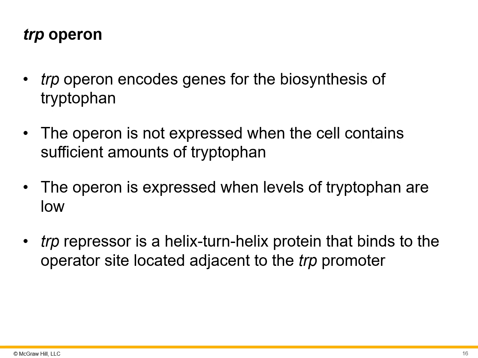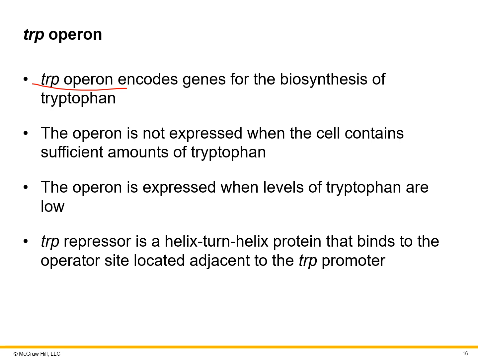So another example of an operon in prokaryotic systems is the trp operon, or the tryptophan operon. Tryptophan is a necessary amino acid in prokaryotes and also in eukaryotes.